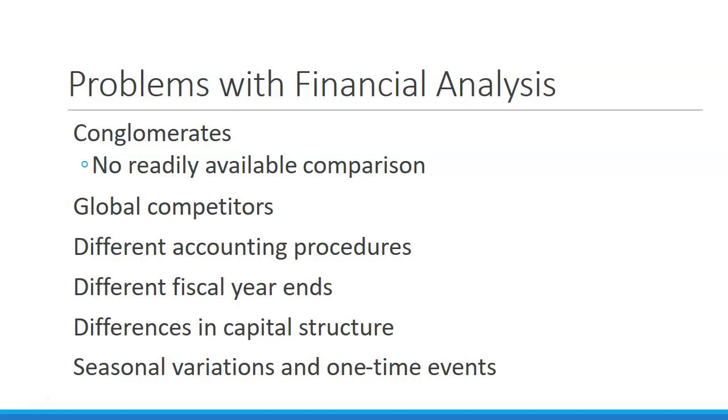Other differences with financial analysis could be whether we use LIFO, FIFO, or weighted average in our inventory evaluation. Those inventory numbers, if we have a company using LIFO, are going to be very outdated inventory numbers versus a company with FIFO. So how those differences can make financial analysis really a struggle.